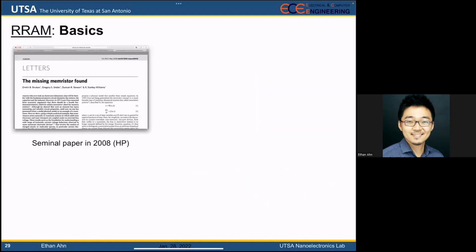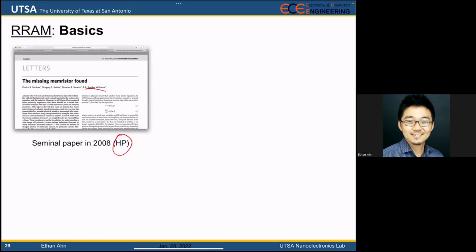Let's talk about RRAM a little bit more. This technology dates back to 2008, I believe, when a very short but very seminal paper was published by a group of researchers at HP. I believe the leading person is now a faculty member at Texas A&M.